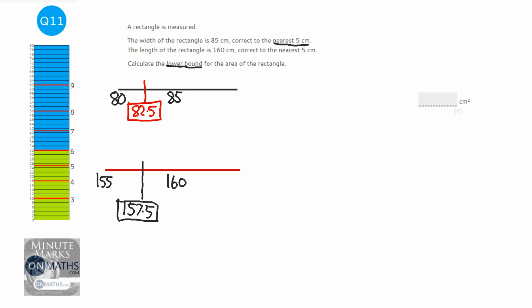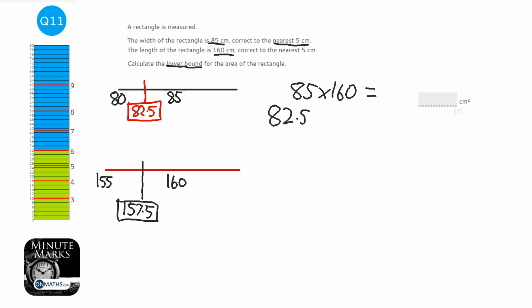Now, what many students would do is just look at the number. Well, the area is going to be 85 times 160, and that's what the area is going to be. But we know that the 85 could have been 82.5, and the 160 could have been 157.5. And that would give the lowest possible area.